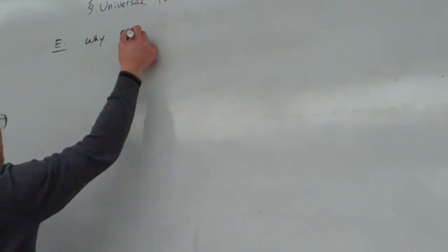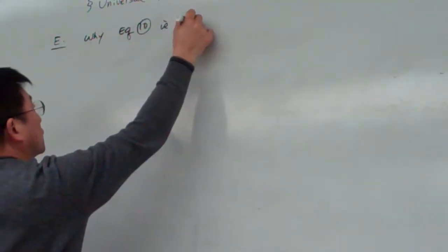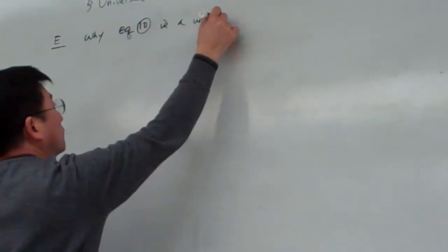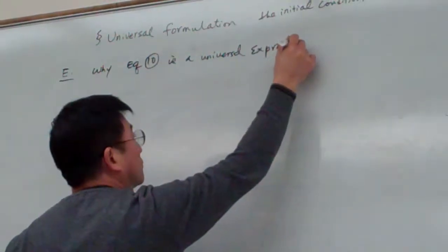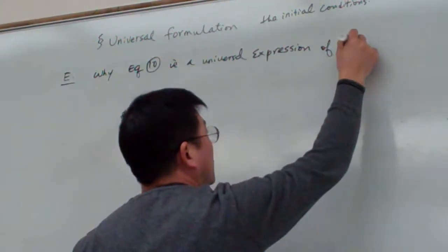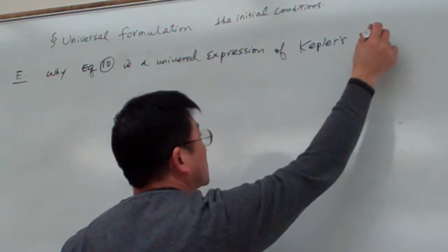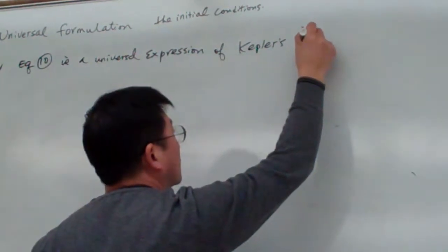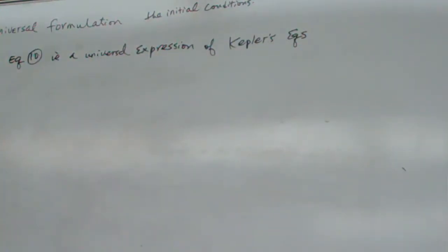Equation 10 is a universal expression of Kepler's equations for three types of orbits.